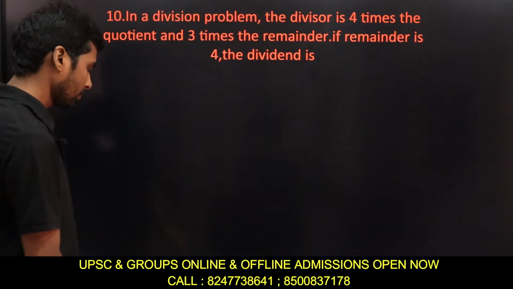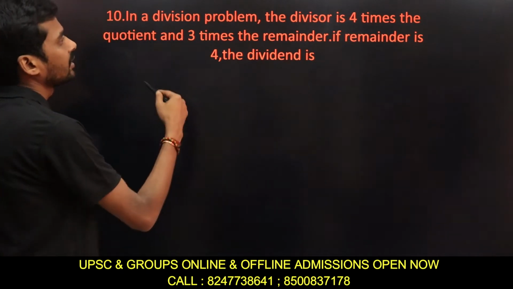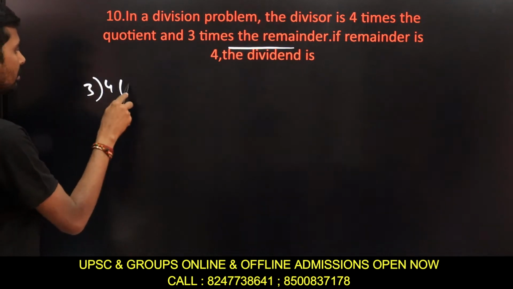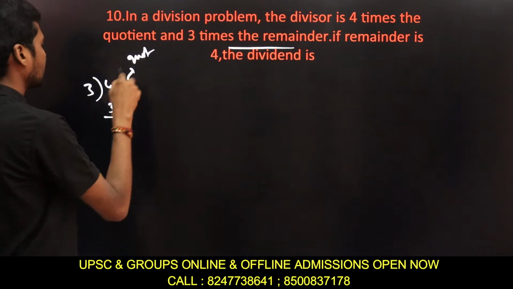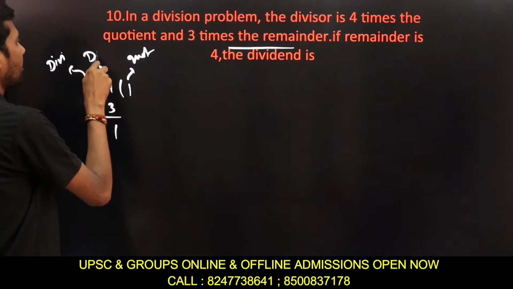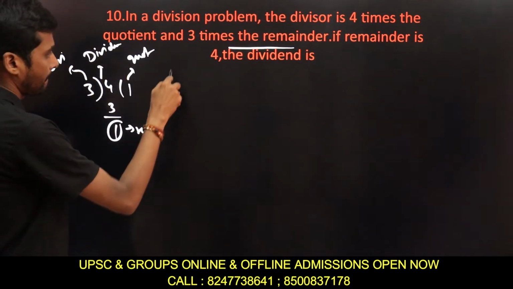Let me write it again here. This is the quotient part, this is the divisor, this is the dividend, and this is the remainder.